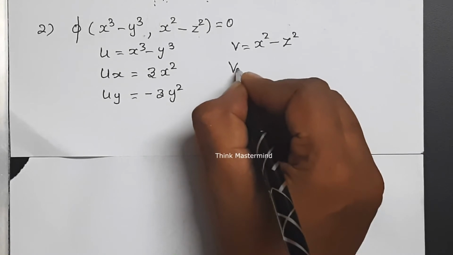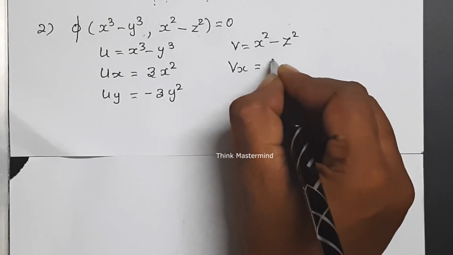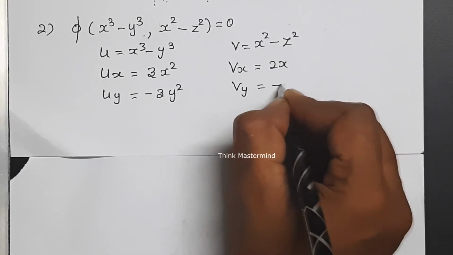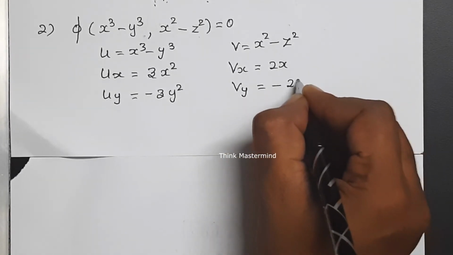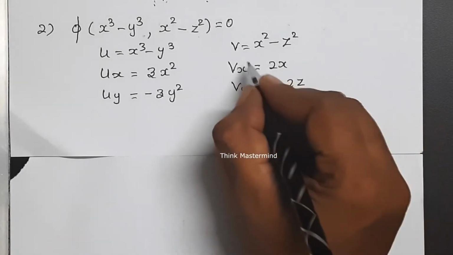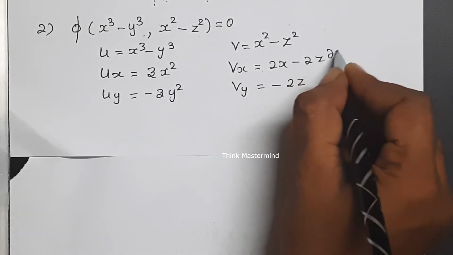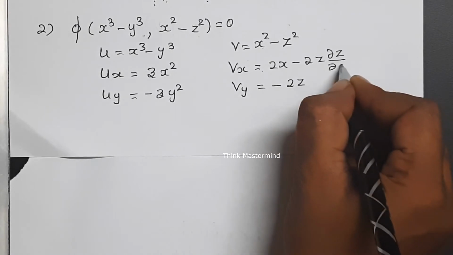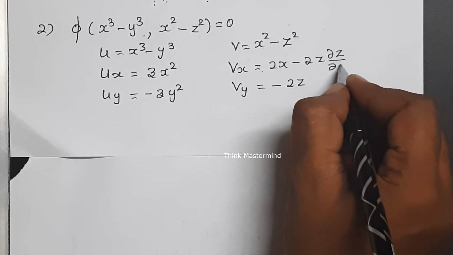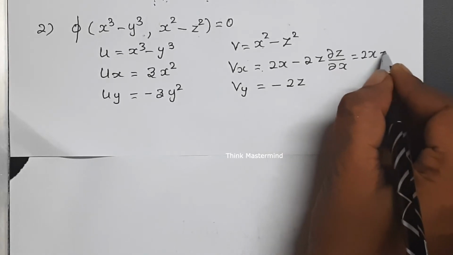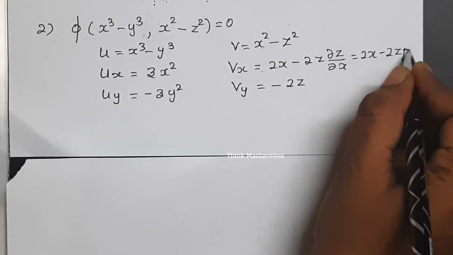Similarly vx, that is dou v by dou x, that is 2x minus 2z times dou z by dou x, because z is a function of x and y. So using the notation, 2x minus 2z into p.